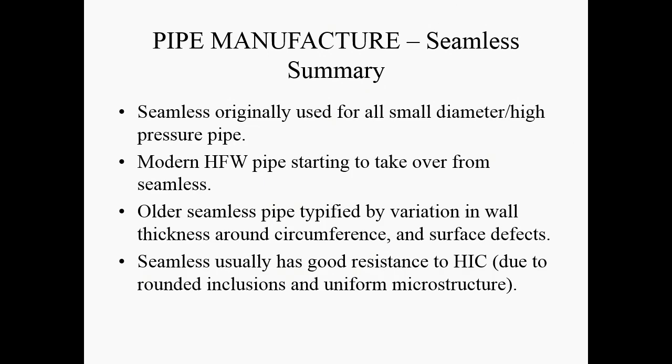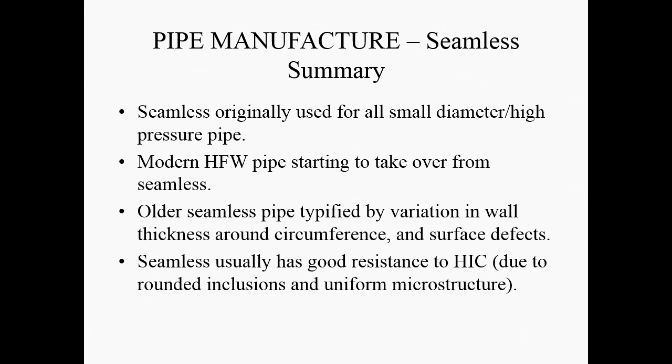So seamless pipe was originally used for all small diameter high pressure pipe because we wanted to avoid the welds. High frequency welded pipe, I think, is starting to take over from seamless because it can be made more reliably with higher strength.